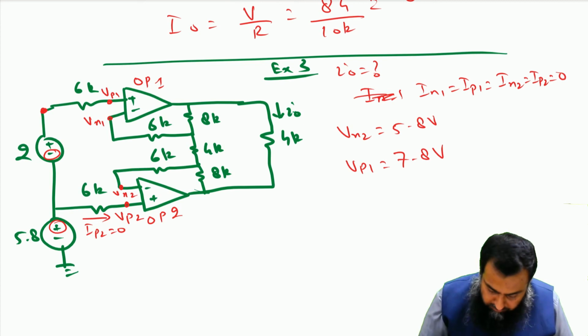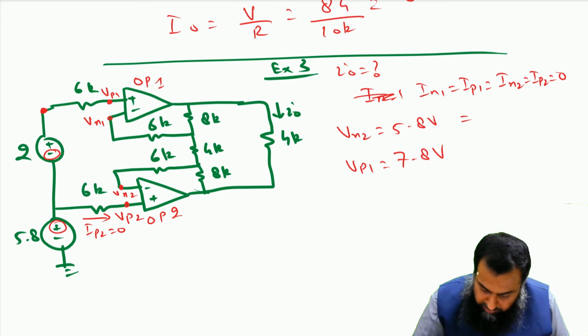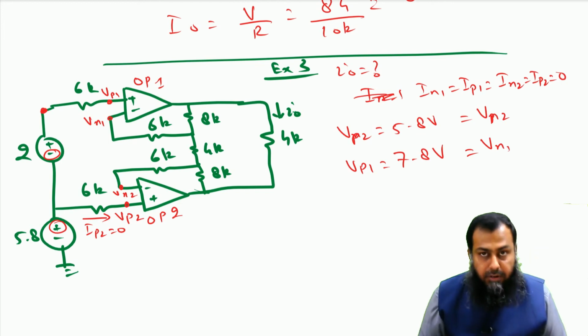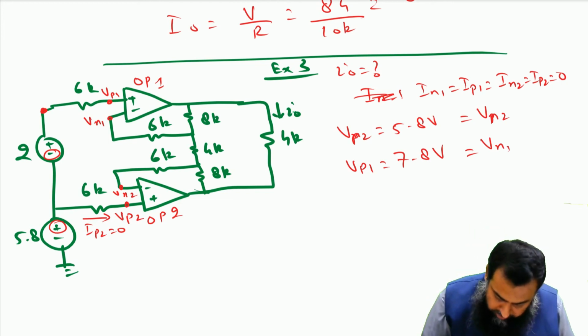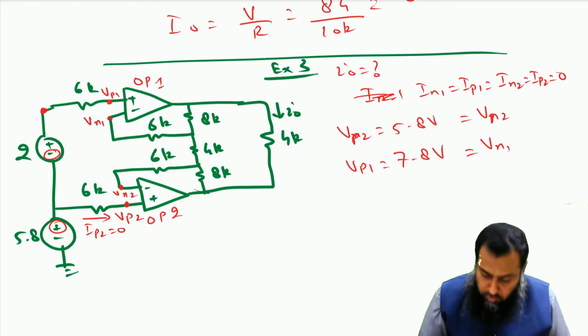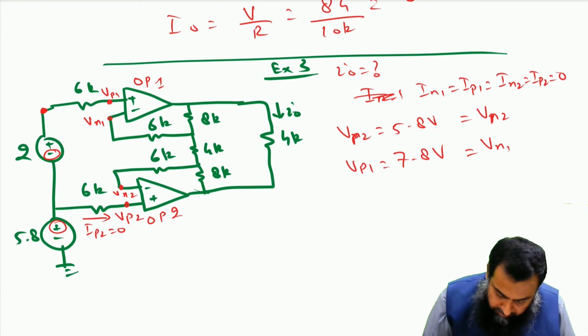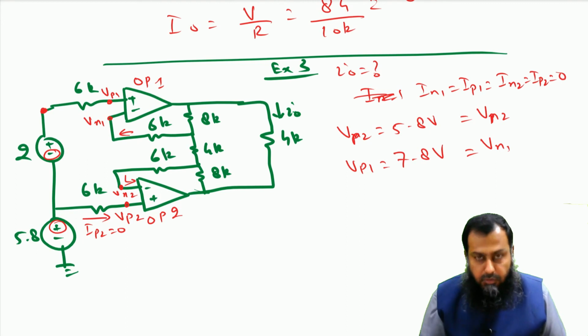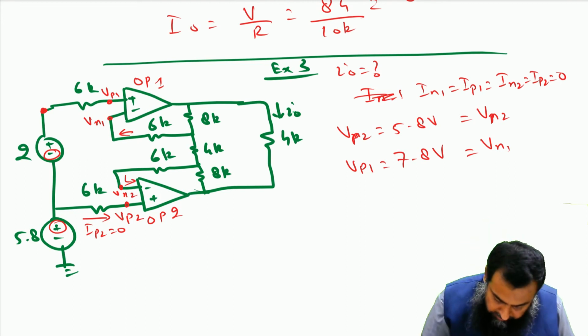So we now have the information about VP2, VN2, and also VN1. We know what the voltage is here and what the voltage is here. Knowing that IN1, which is this current, as well as this particular current, are all equal to 0, we know that this VN1 is the voltage here and this VN2 is the voltage here.